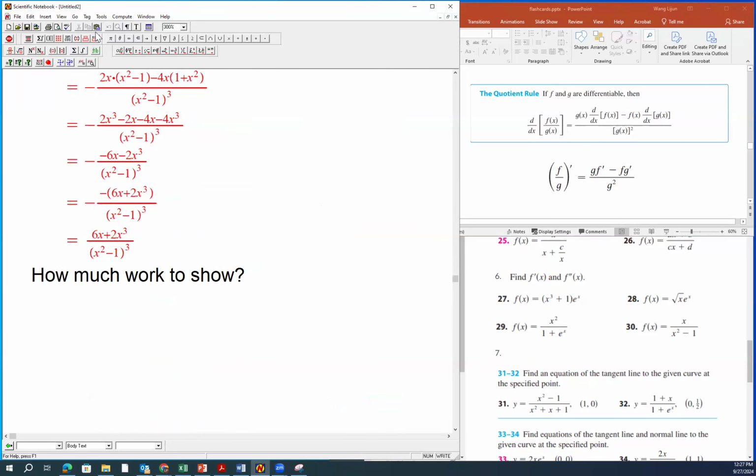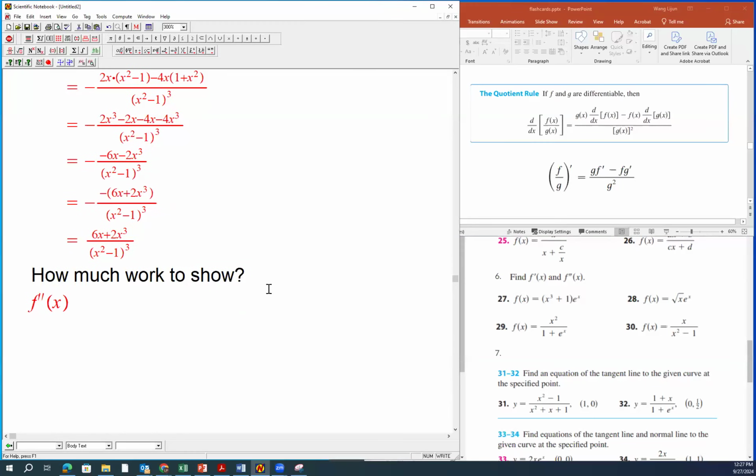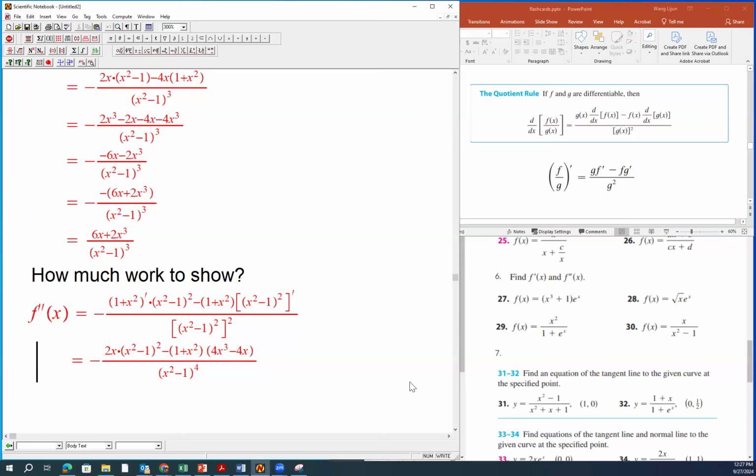You don't have to show this part, but I would show this part, and then you can get straight here, because you always have scratch paper along the way. You don't want to make it too long. Make it possible to read, but also not so exceedingly long.